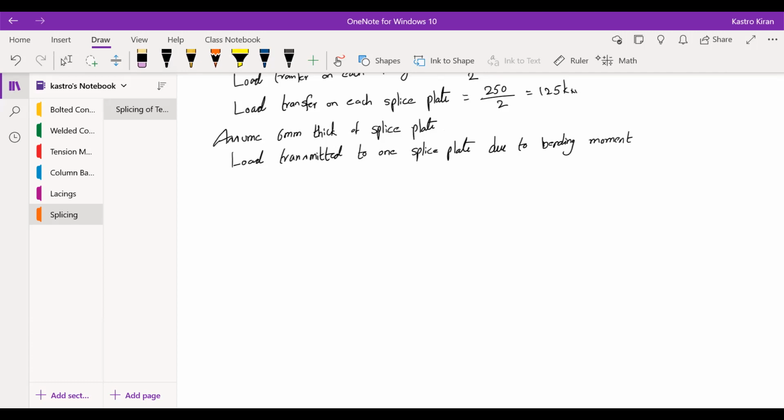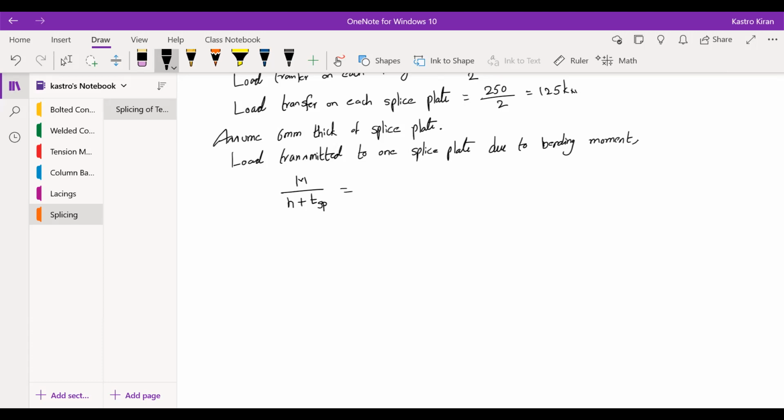So what should be the load that is getting transferred due to the action of bending moment? How will you find this? It can be found this way: bending moment, that is capital M, divided by h of the I section, that is the height of the I section, plus the thickness of the splice plate. SP represents splice plate.